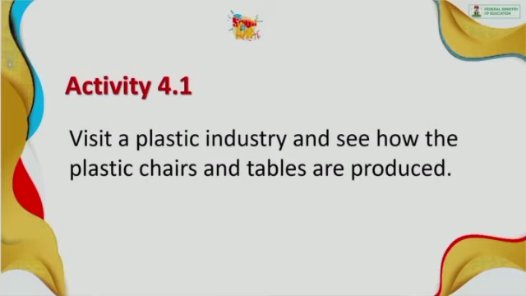In a plastic industry, plastic products are produced, and you should note how these products are produced. We've been talking about the process of producing plastic, so when you visit a plastic industry, you should note the processes involved in the production of plastic.